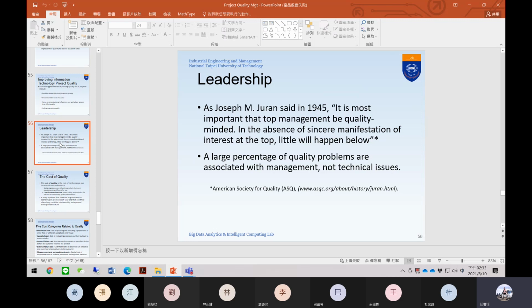So if you do not pay attention from the very top of the organization, nobody will care about it. This is like a driver. The driver should come from the very top and disseminate through the organization, through the network, to the bottom of the company. A large percentage of quality problems are associated with management, not technical issues. A technical issue can be solved directly by an expert. However, most problems associated with management involve human-based complexity. Okay.